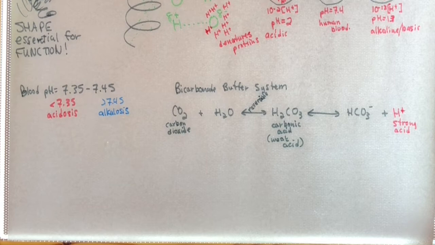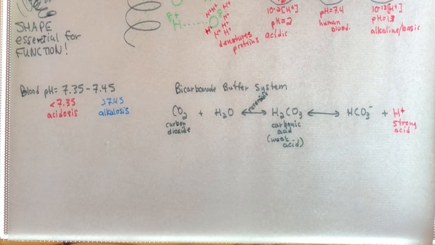And then, we're not going to label this, but we also have reversibility of the carbonic acid being broken down into the HCO3 minus and the hydrogen ion. So that also can go to the right or to the left. Whenever you see a double-sided arrow, it means reversibility. The equation can go either way.